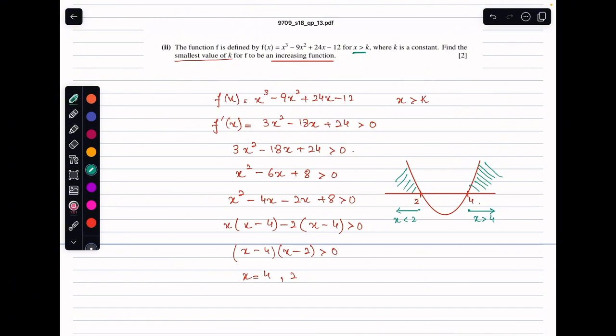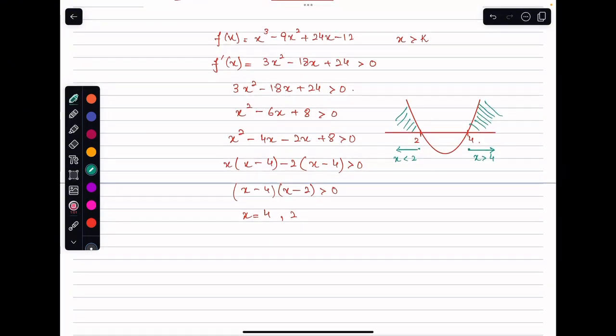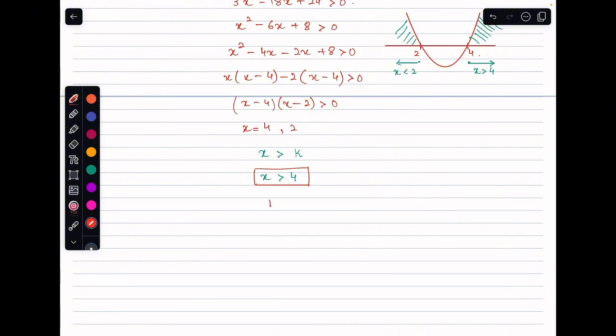So if x needs to be greater than k, then it is basically this inequality, these set of values of x which satisfy the given condition in the question. So for x greater than k, it should be x greater than 4, such that 4 is the smallest value, and the smallest value of k in this case is going to be 4, and this then is going to be the answer to this question.